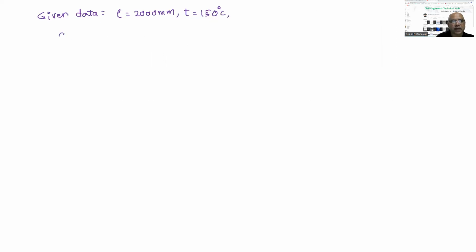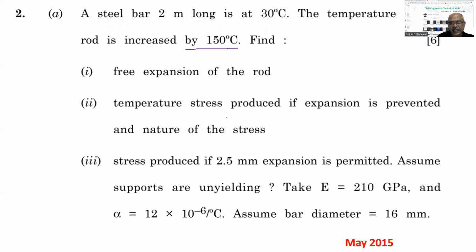So the first part is free expansion, and we have a simple formula, L alpha T. E is given 210 GPa.